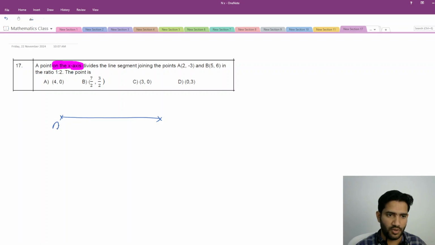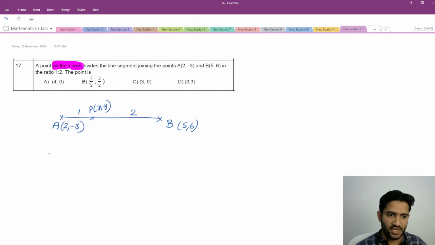We have a point A and B. A is (2, -3), B is (5, 6). They are dividing in the ratio 1:2. And here we have the point P (x, y).